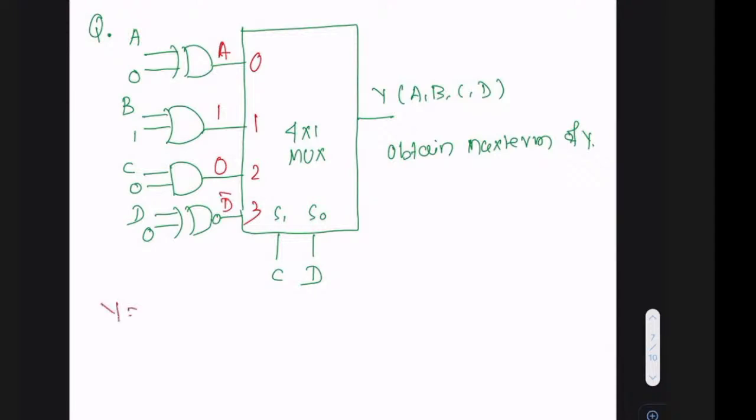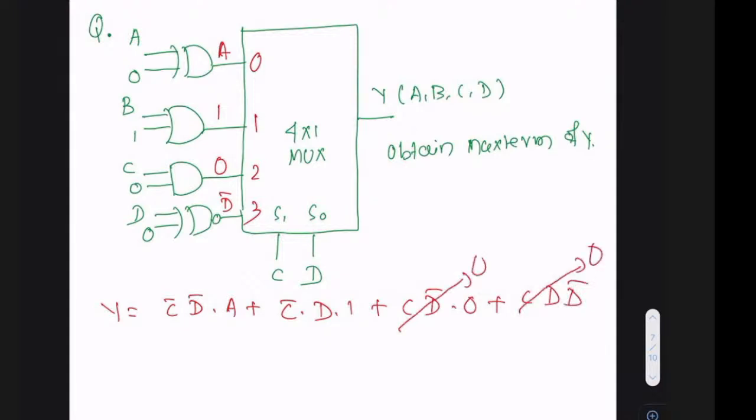If I write directly, it is S1 bar S0 bar I0, so C bar D bar A plus C bar D 1 plus C D bar 0 plus C D D bar. This term is 0, this term is also 0. So I'm left with A C bar D bar plus C bar D.